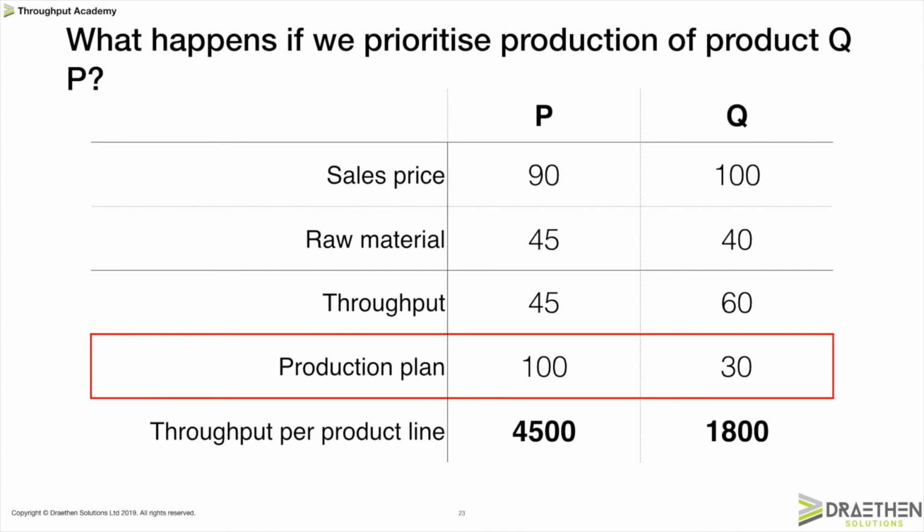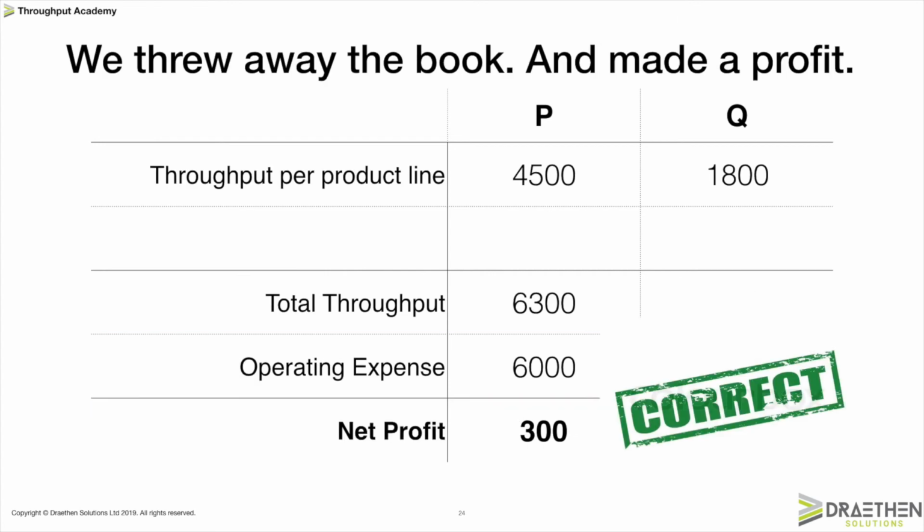If we multiply the £45 of throughput we get from each unit of product P, it gives us a total of £4,500 from producing all of the 100 unit demand for product P. And if we multiply the £60 of throughput we get from each unit of product Q by the 30 that we are planning to produce, we get a further £1,800 in throughput.